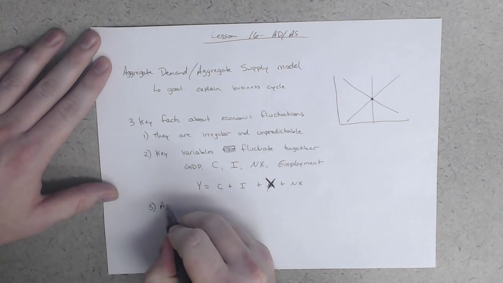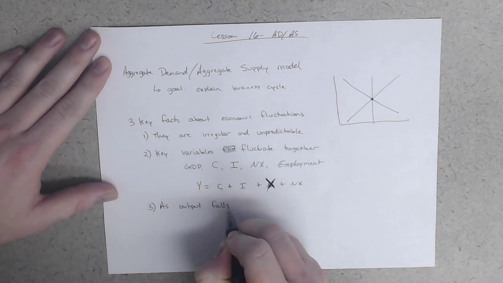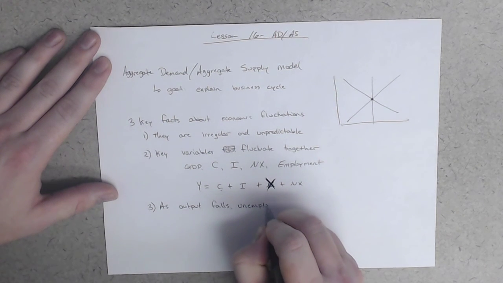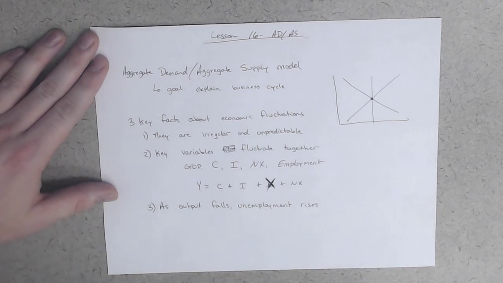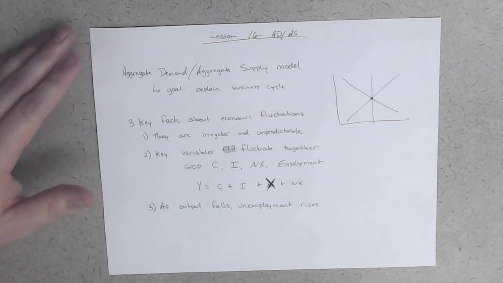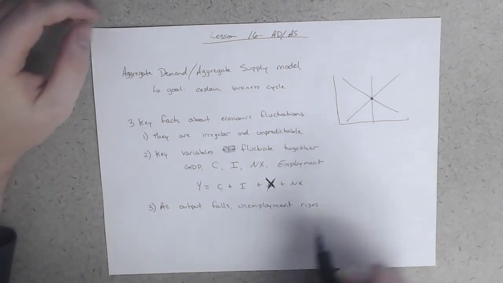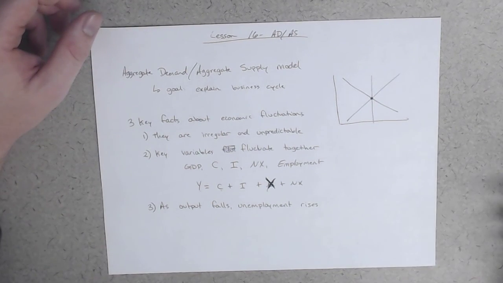Okay? And then the third key fact is that as output falls, unemployment rises. Okay? And again, this isn't all that surprising, because if you remember our discussion about unemployment a few lessons ago, one of the types of unemployment was cyclical.